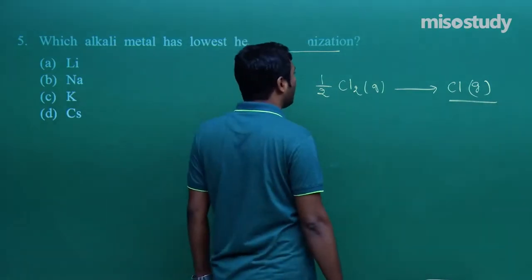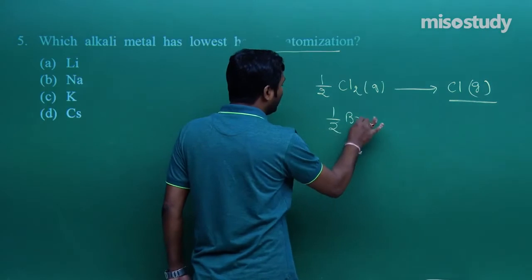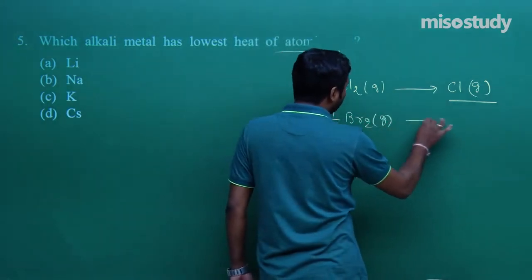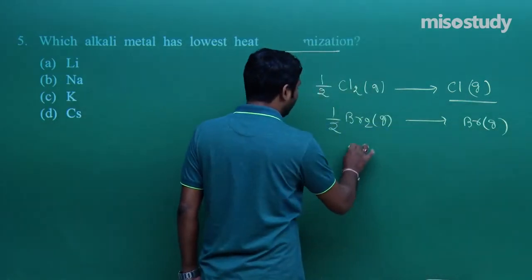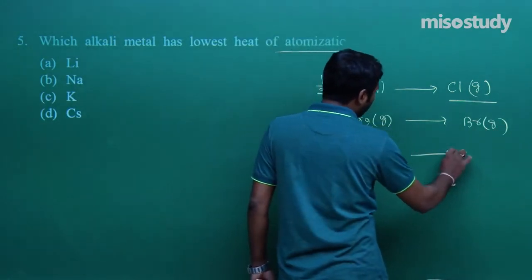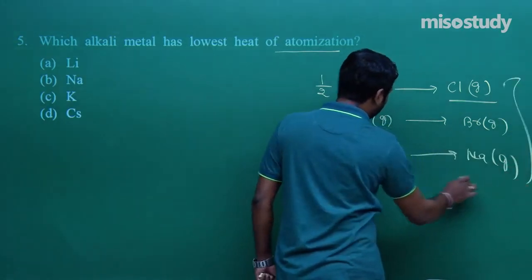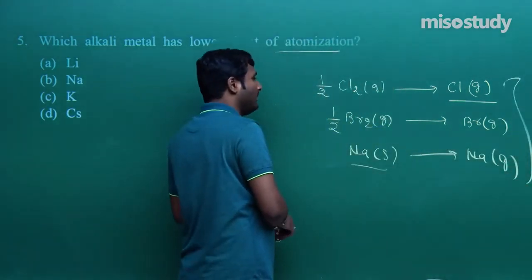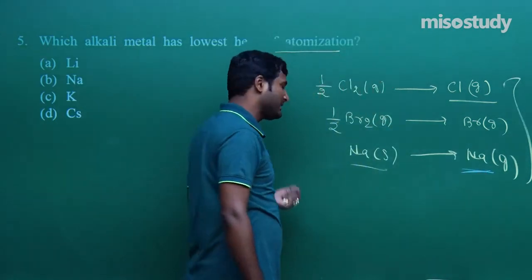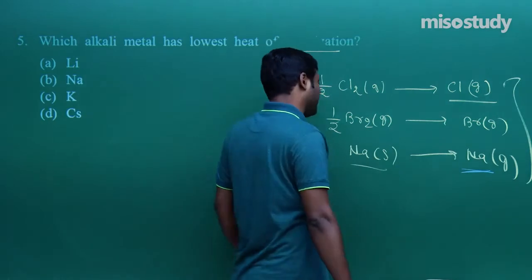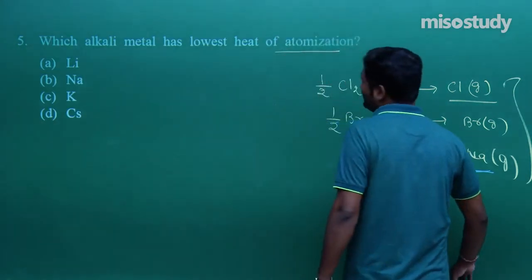Like if I write 1/2 Br2, during this change it gives Br in gaseous form. If I write Na in solid form, it gives Na in gaseous form. So the total heat change during the conversion of the standard form into 1 mole of gaseous form is known as heat of atomization or enthalpy of atomization.